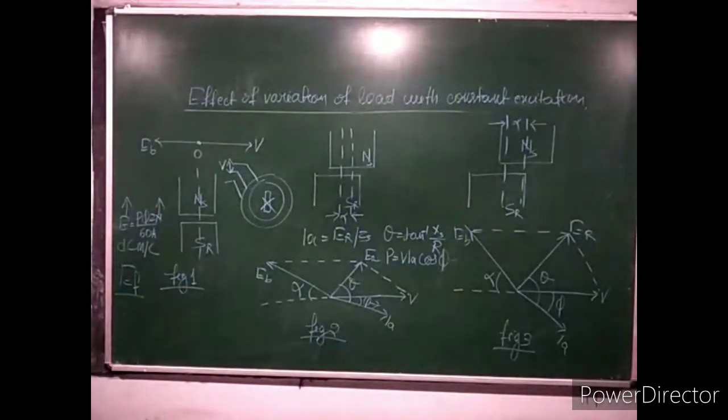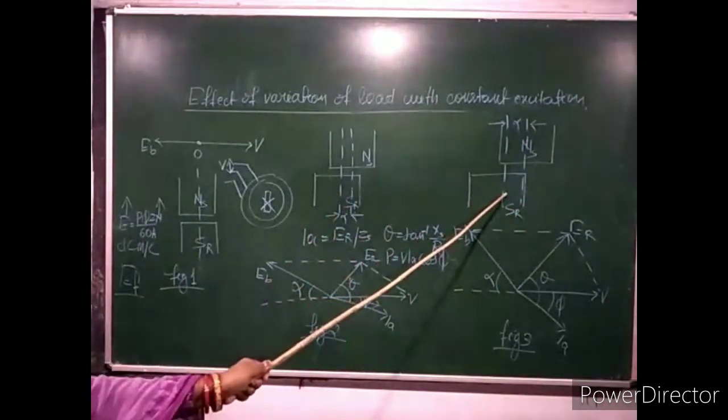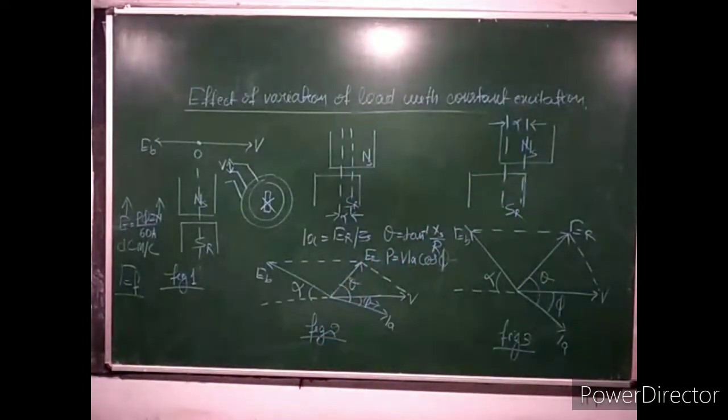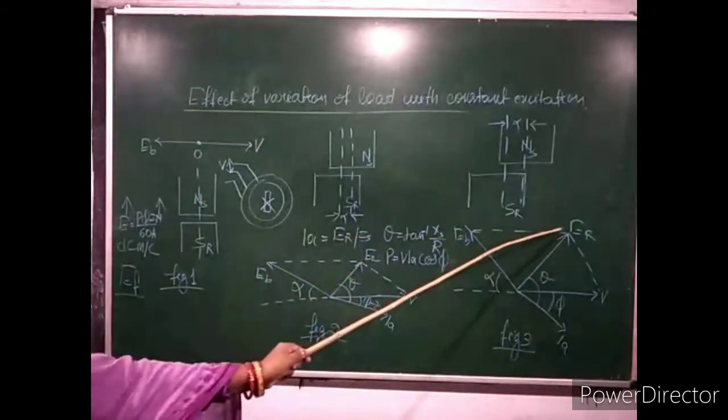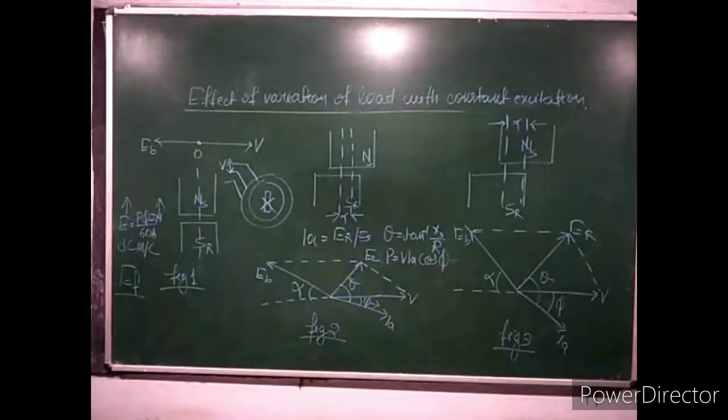Now when mechanical load is given, the rotor pole falls back more relative to the stator pole, meaning this angle alpha increases. The rotor pole is lagging further behind the stator pole, due to which the resultant voltage ER, the difference between the supply voltage and back EMF, across the armature circuit increases.